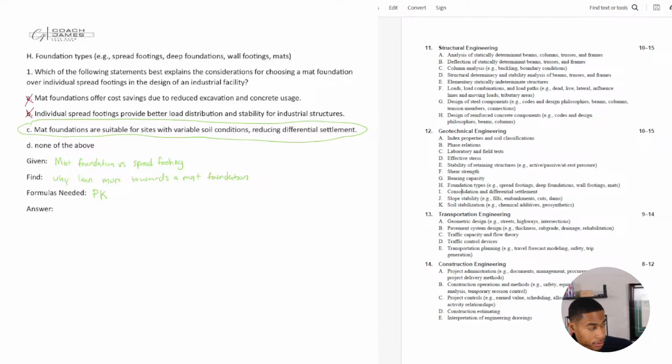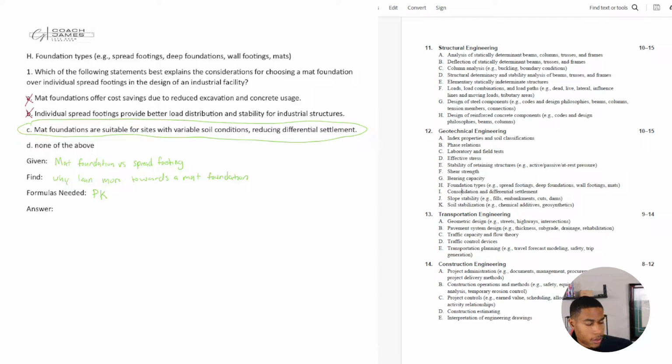It's good for basements and stuff like that. It has continuous contact with the entire foundation, which reduces the risk of foundation failure.